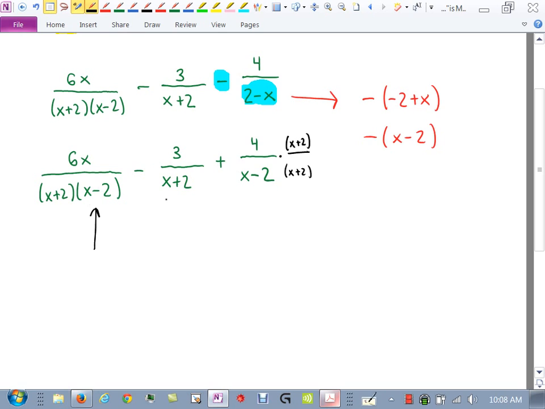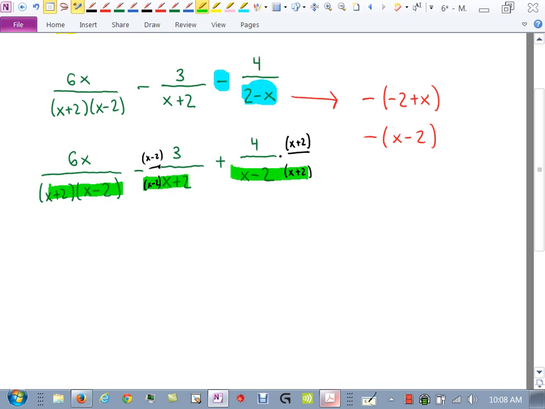X minus 2 here, x minus 2 here. I do not have an x minus 2 on the middle one, do I? So I'm going to insert it. Where do you insert it? Wherever you can fit it, I guess. X minus 2, x minus 2. Now, all my denominators are the same, aren't they?